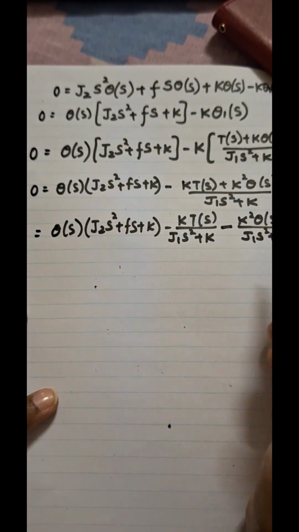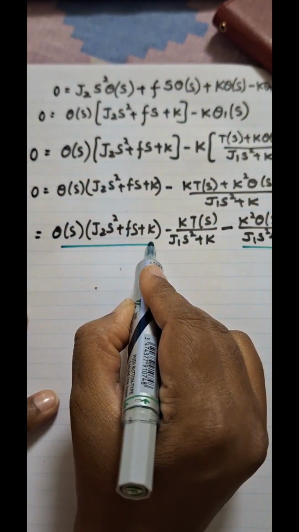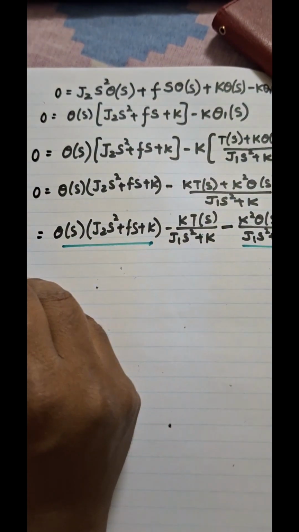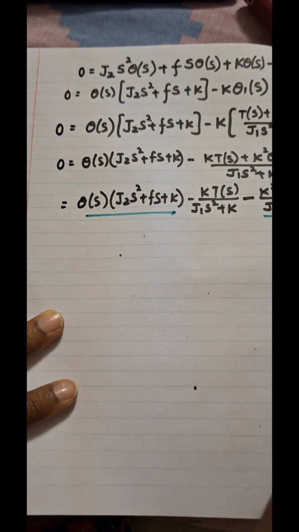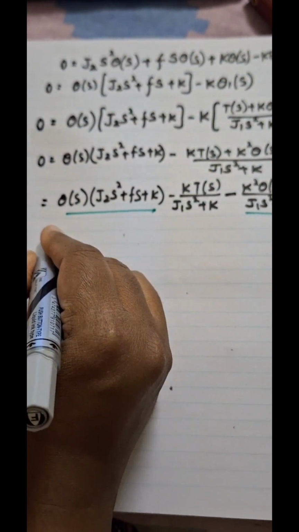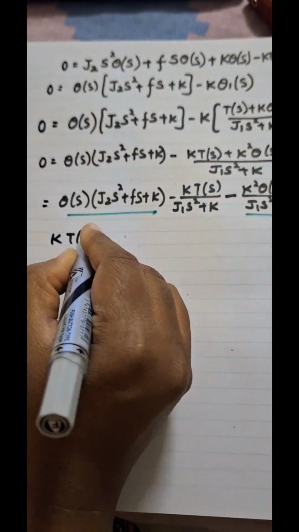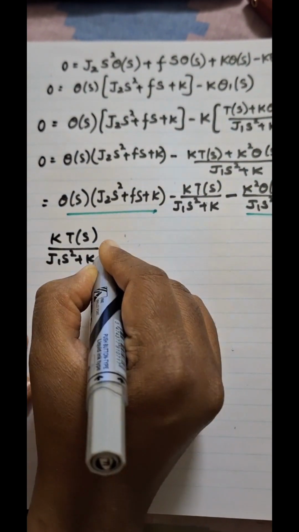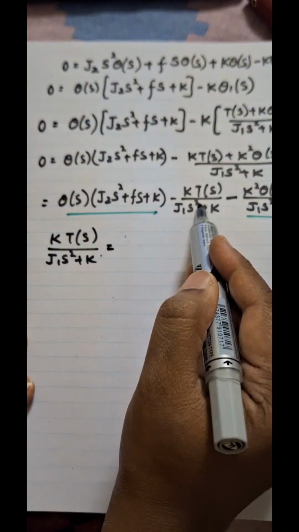So this term is theta of s, this term is theta of s. Here there is no theta of s, so let me send this to that side. Okay, so now what happens? I can write this term this side, so it will be k T of s by J1 s square plus k is equal to, so this is gone, that's it.